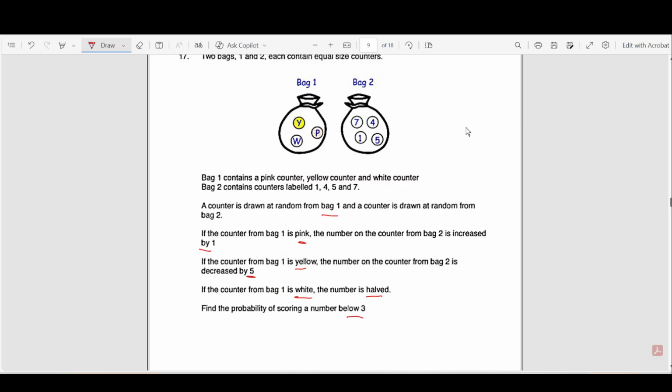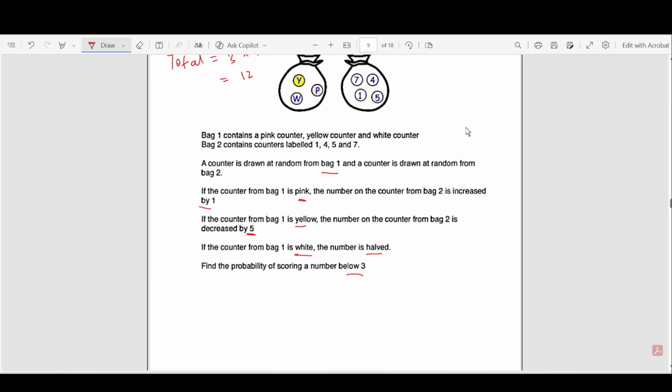So total outcomes is 3 times 4, which is 12. Each outcome has a probability of 1 over 12, like the probability of drawing a yellow counter and a particular number is 1 out of 12, right?